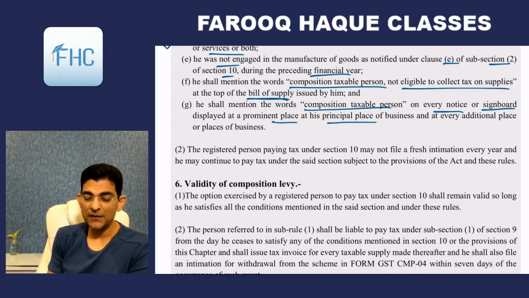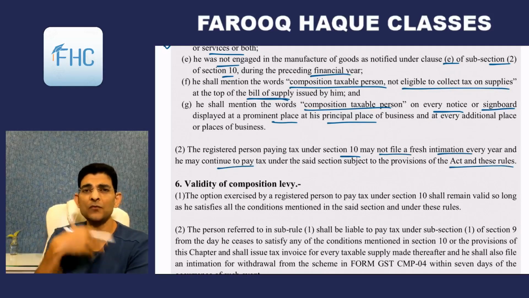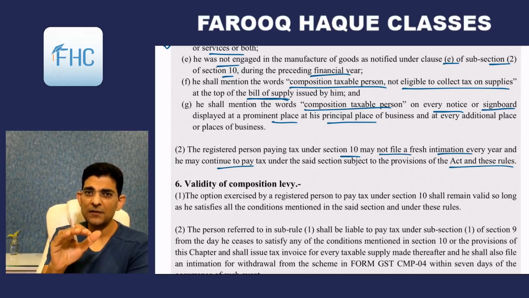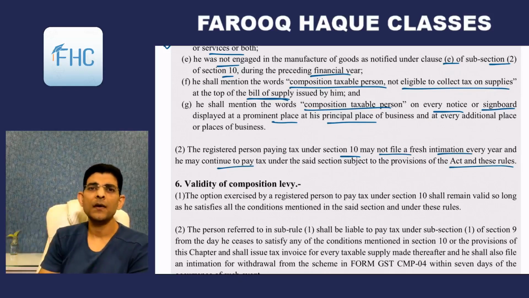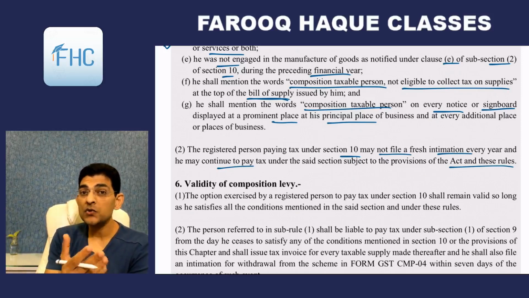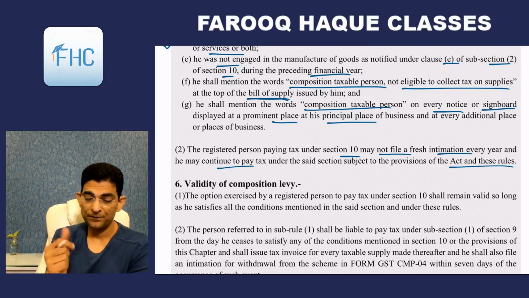And the registered person paying tax under section 10 may not file a fresh intimation every year, and he may continue to pay tax under this section subject to provisions of the act and rules. Means you don't have to file a declaration every year. If you comply with the norms and the limits, then you can continue to pay composition levy.